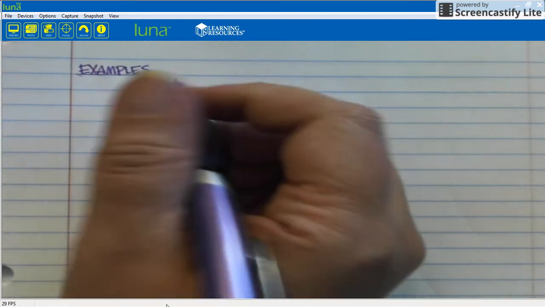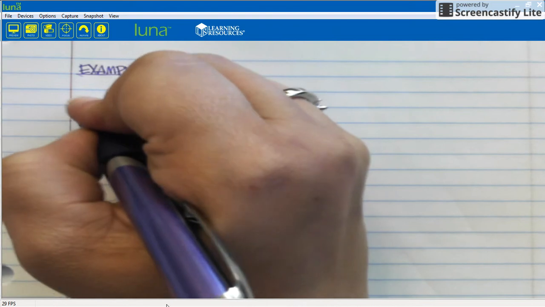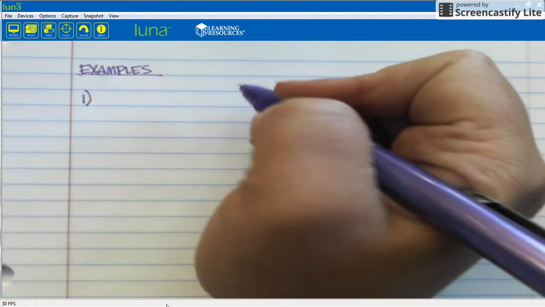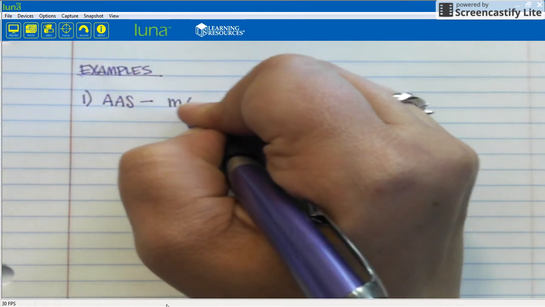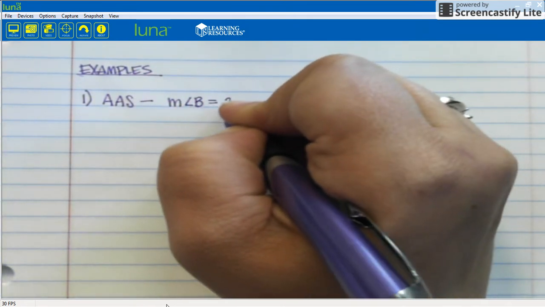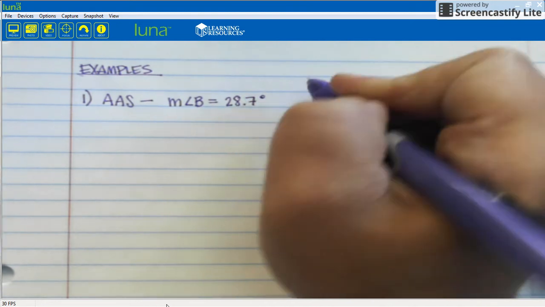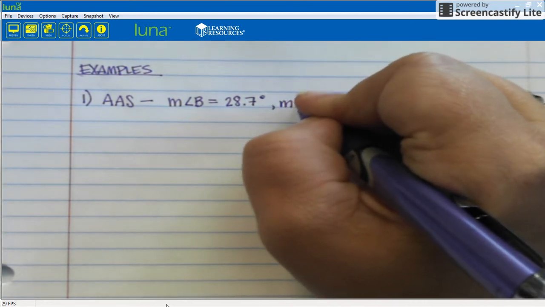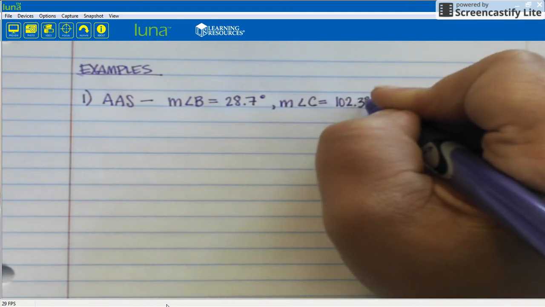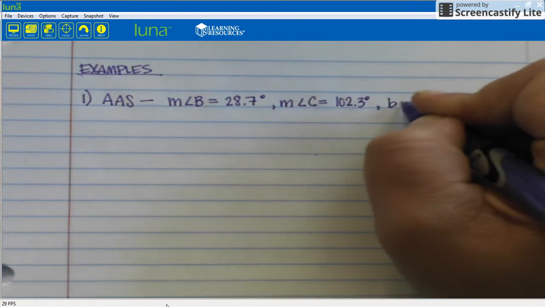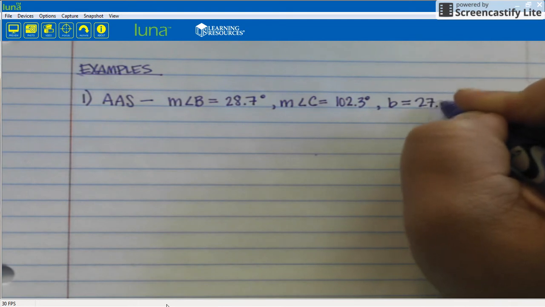So let's get through a couple of examples with this. So let's say you are given, we'll do the angle angle side scenario. So example number 1, we're told that the measure of angle B is equal to 28.7 degrees. The measure of angle C is equal to 102.3 degrees, and side little b is 27.4.